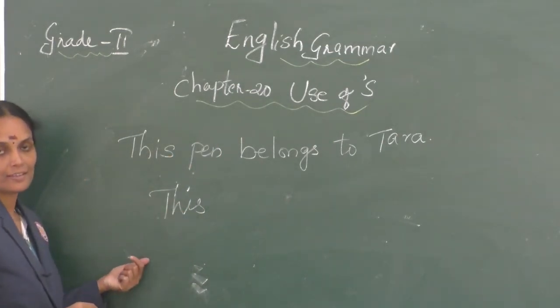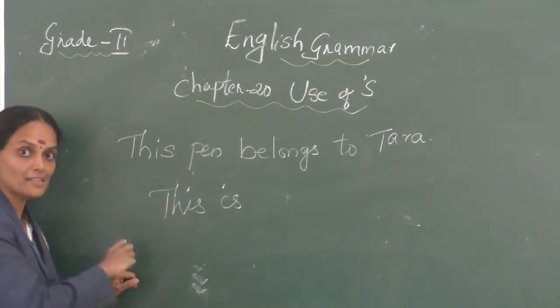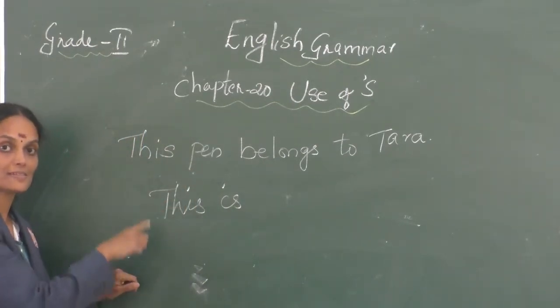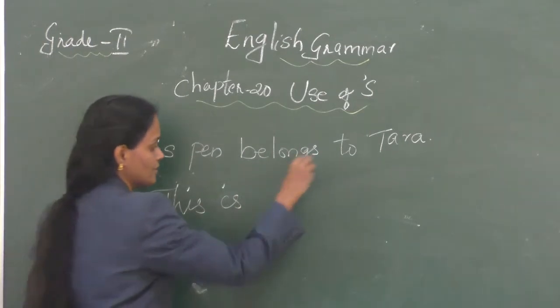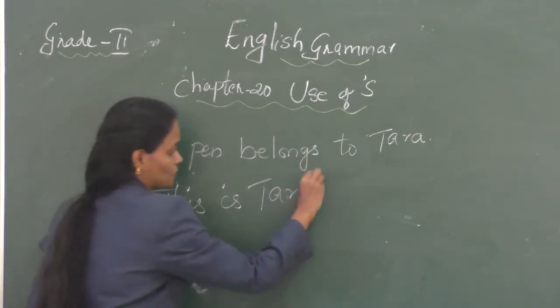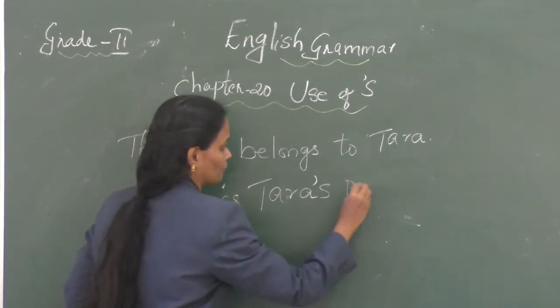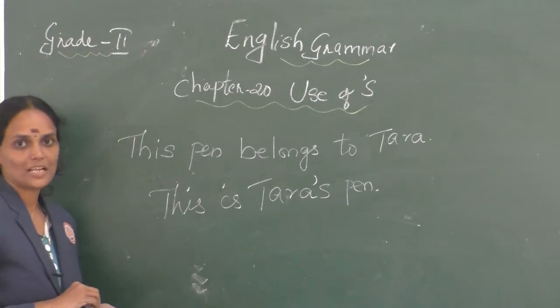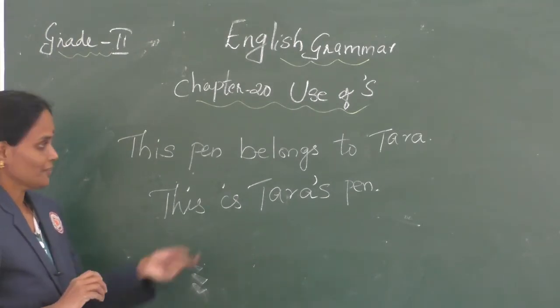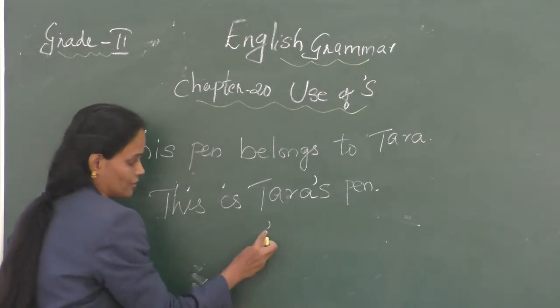I am using an auxiliary verb here, is. Whose pen is this? This is Tara's. Apostrophe S. Tara's pen. Children, look at the board. There is a symbol. I have used here a symbol. This one.